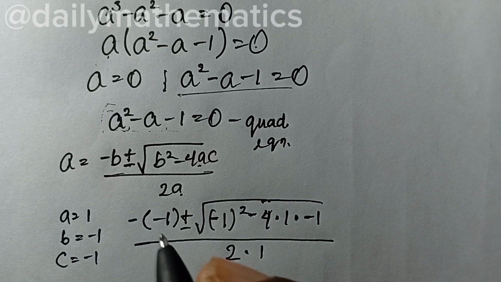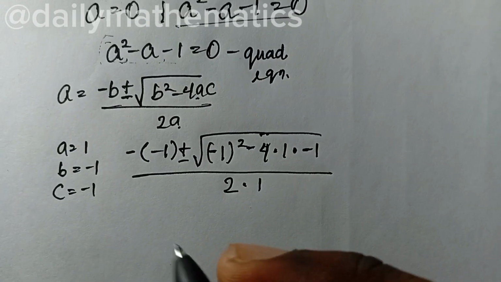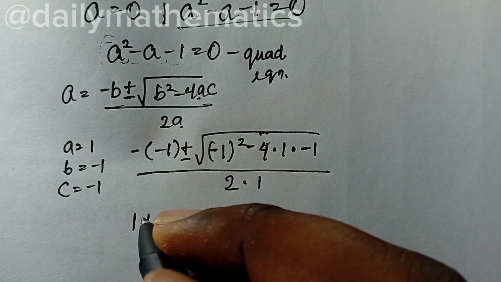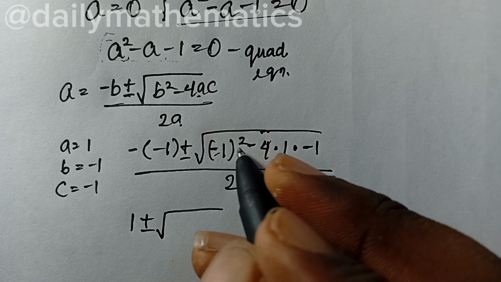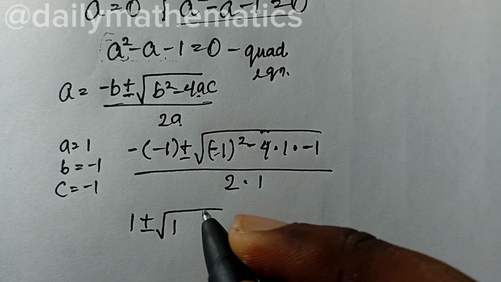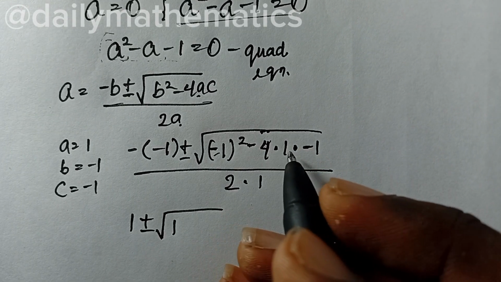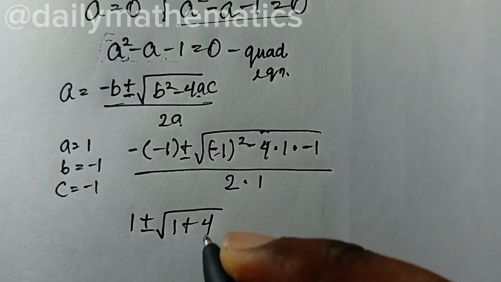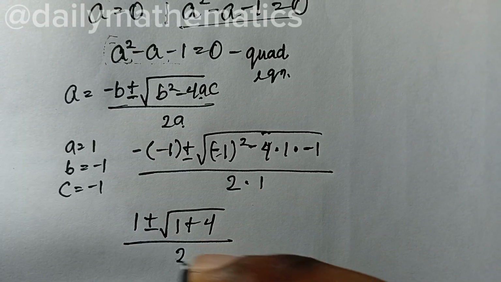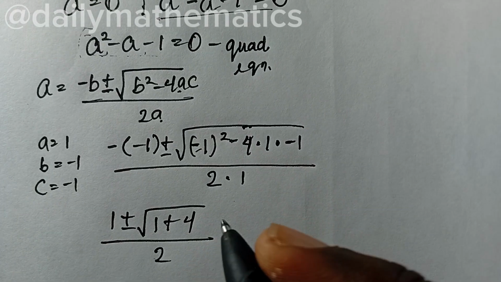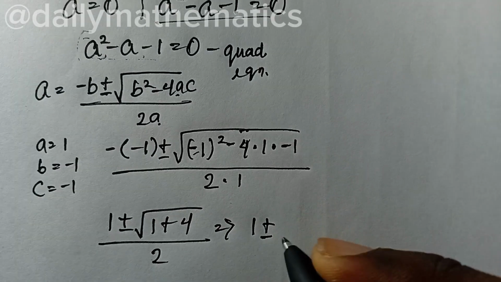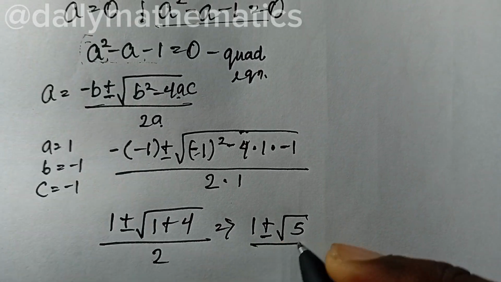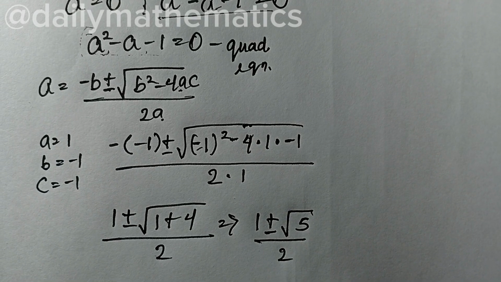So from here, you can see minus multiplied by minus is plus, so we have 1 plus or minus square root of minus 1 squared, which gives us 1, and then minus 4 multiplied by 1 multiplied by minus 1 gives us plus 4, over 2 multiplied by 1, which gives us 2. And so from here we have 1 plus or minus square root of 5 over 2. So this will be our answer.